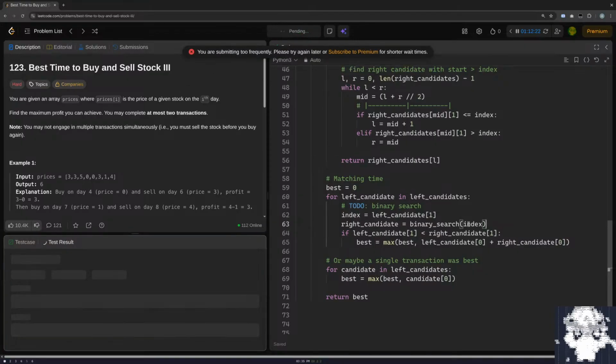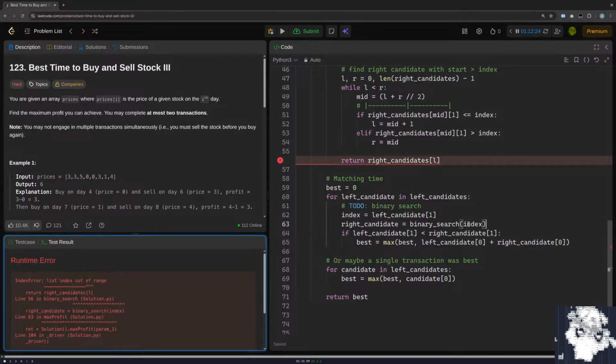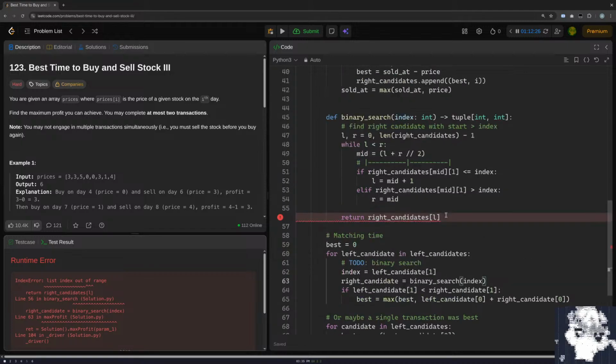It's going to be off by 1 in many different ways. I just have trouble not doing that. L is out of range. Well, okay, it should be R because that's the one that might have the answer at the end.